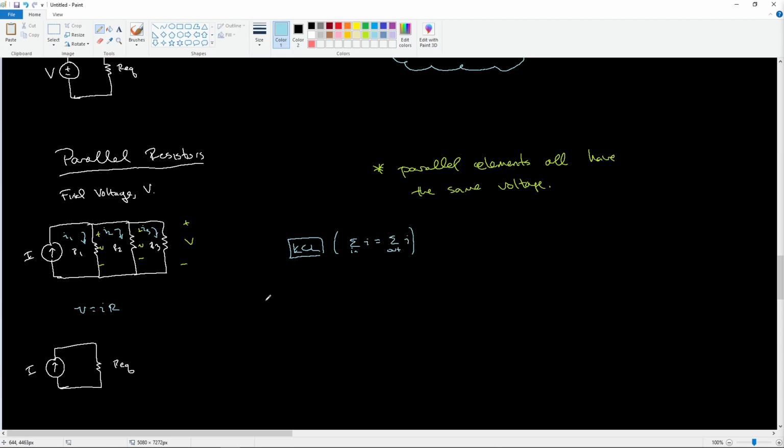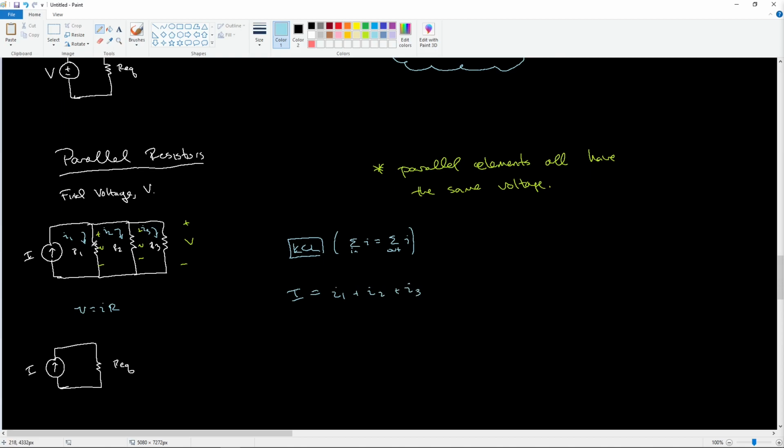I might not ever write things the exact same way twice, so bear with me. I think I said something different with in and out in the other video. But okay, current entering is I. That's going to equal all of the currents leaving, which, as we can see from this node, are I1, I2, and I3. And notice that I kind of arbitrarily labeled those currents. This is another thing with circuit analysis.